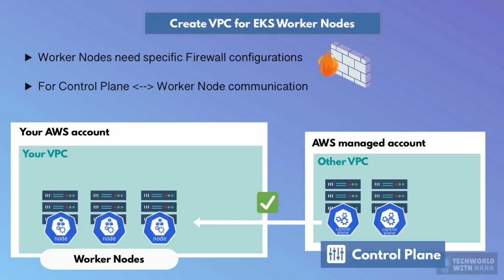And the worker nodes for that Kubernetes cluster are going to run in our VPC managed in our AWS account. So the communication needs to work between the control plane and worker node across those different VPCs. And for that communication, all the necessary ports need to be configured correctly.